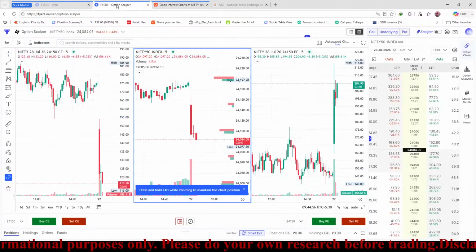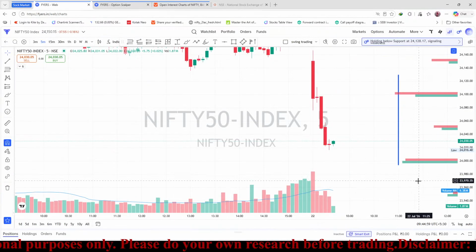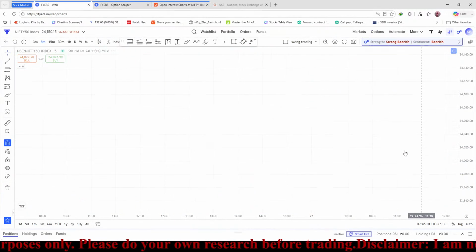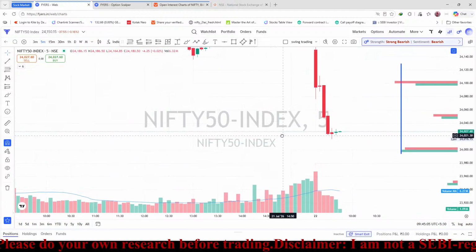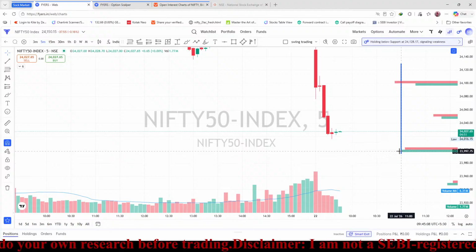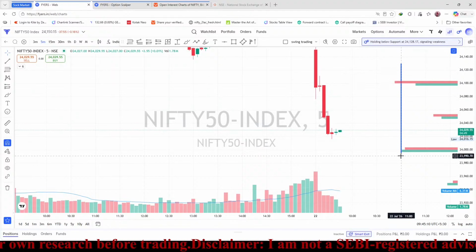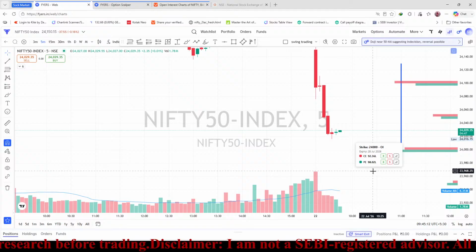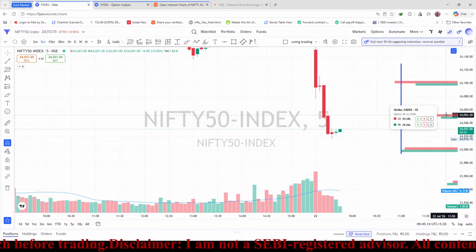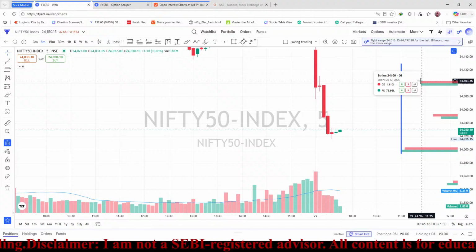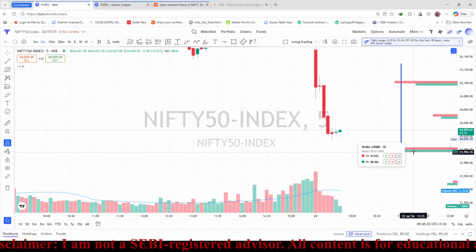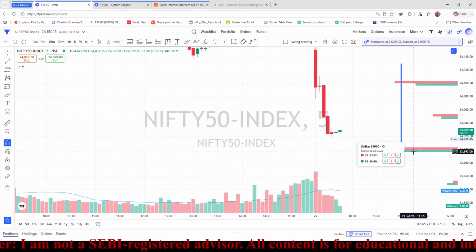So this very clearly shows that the market wants to break 24,000. I can show you from this vertical line which I'm using now. The call options here developed 43 lakhs, and here the 24,100 call options are very strong at 1.1 crores, and here 98 lakhs and 93 lakhs.